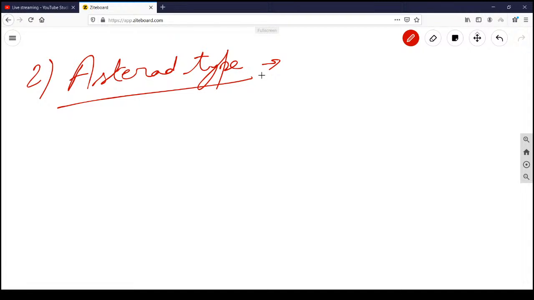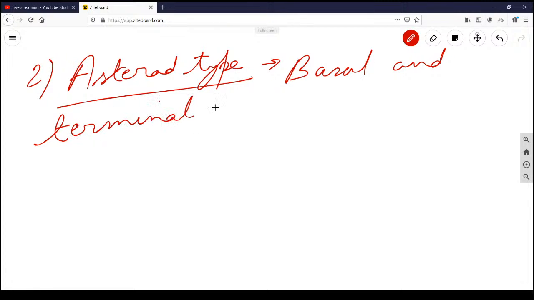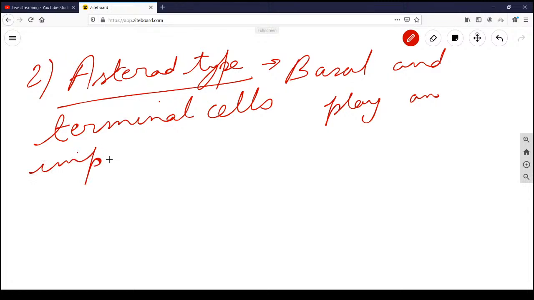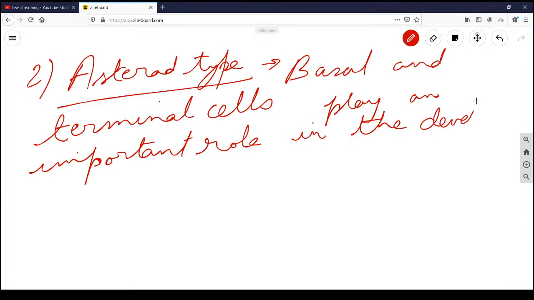In the Asterad type, the basal and terminal cells both play an important role in the development of the embryo.